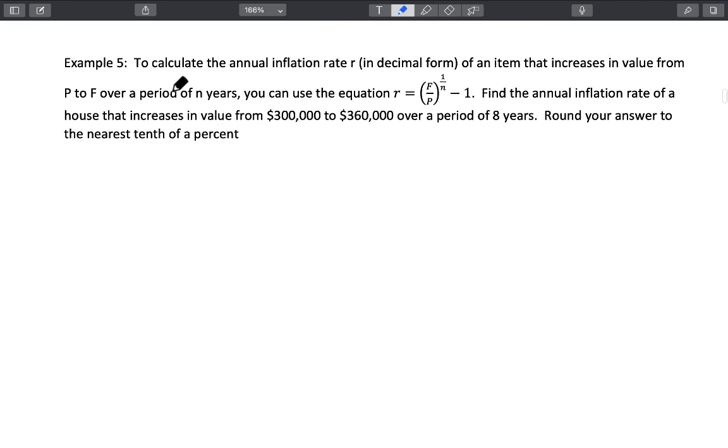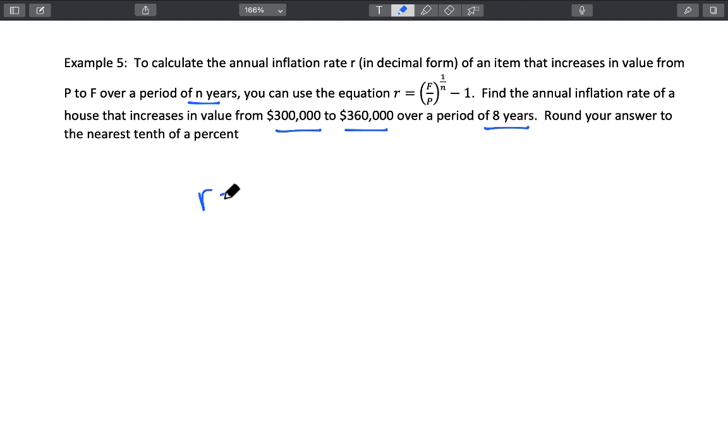Next up, in example 5, to calculate the annual inflation of an item that increases in value from P to F over a period of n years, you can use this equation. R is equal to F divided by P, all to the 1/nth power minus 1. Find the annual inflation rate of a house that increases in value from 300,000 to 360,000 over a period of 8 years.